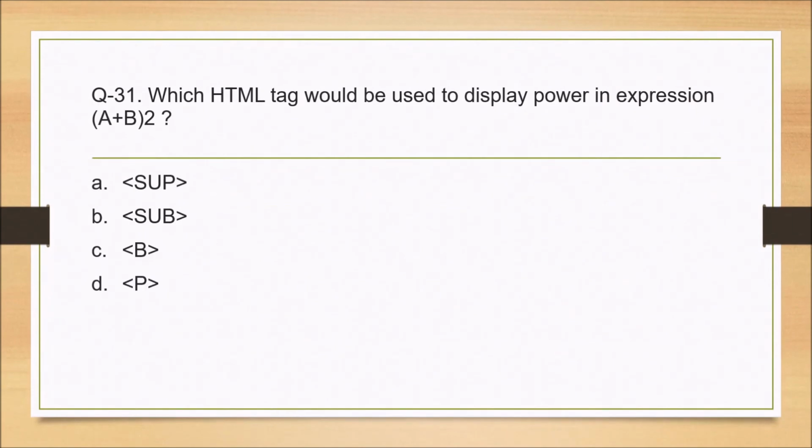Next question is, which HTML tag would be used to display power in expressions like a plus b square? If we want a plus b square, which tag will we use? And the options are SUP tag, sub tag, B tag, or P tag. And the correct option is SUP tag.